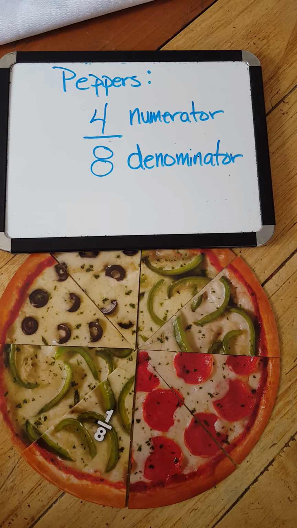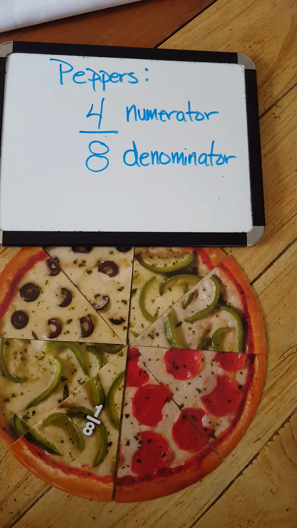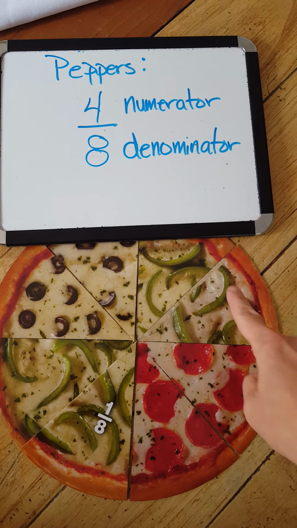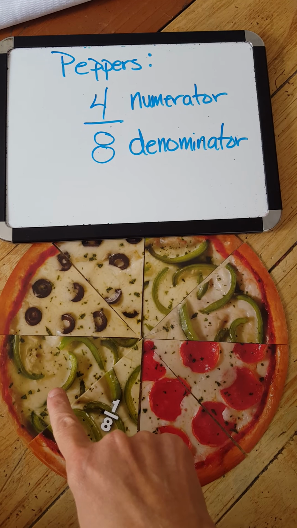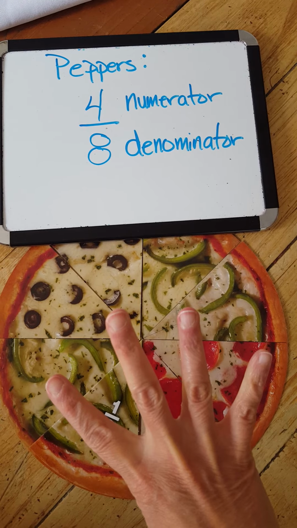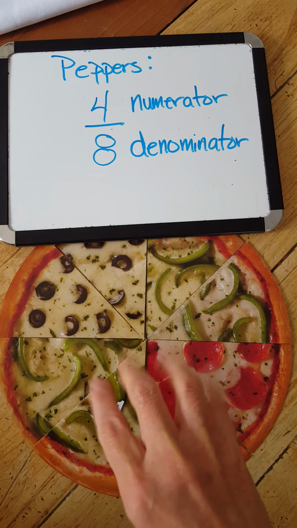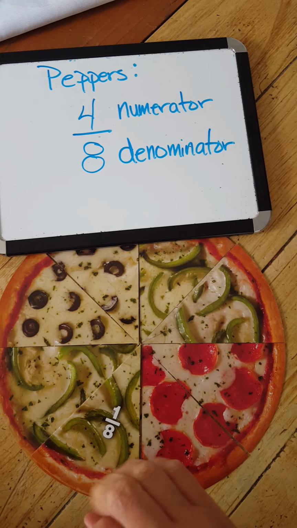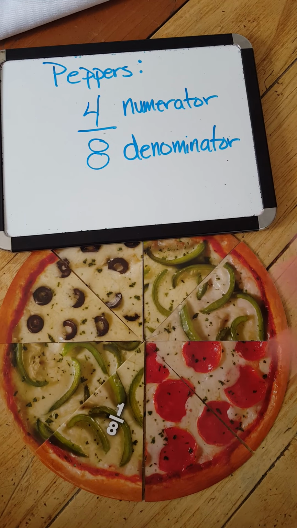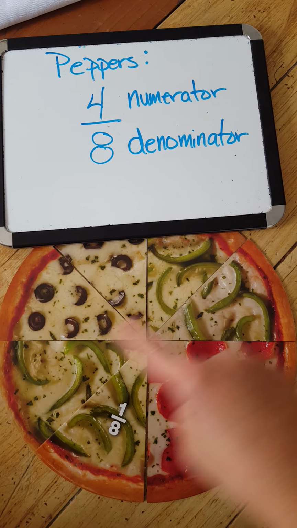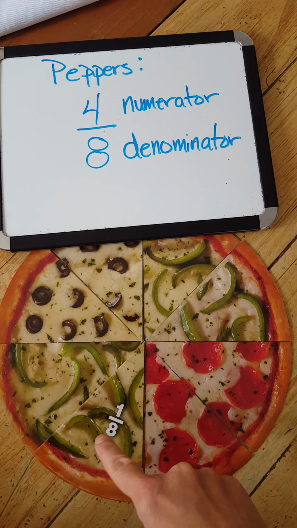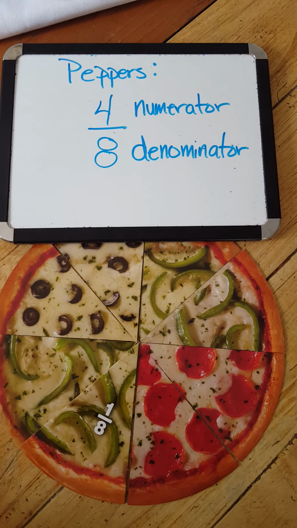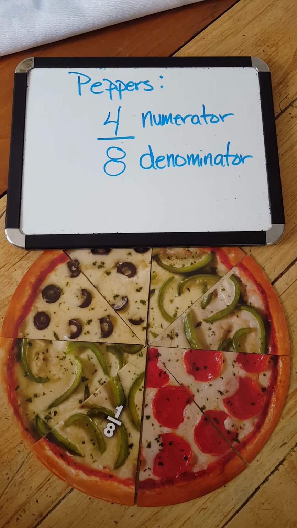Awesome. 8 in the denominator is for the 8 pieces that the whole region is divided up into. And the 4 in the numerator represents the regions that are sprinkled with peppers. So we have 1, 2, 3, 4. Okay? So that's a little review of fractions by region.